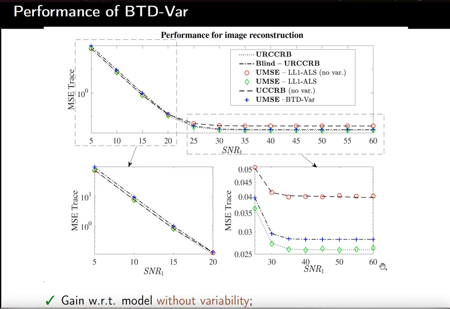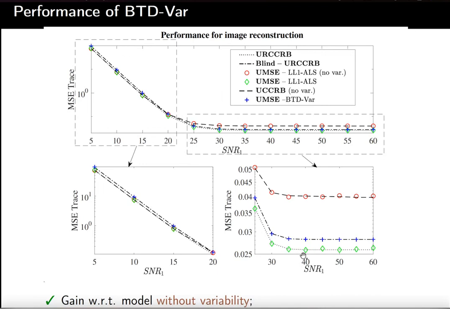To have a clear idea of what's happening in the asymptotic regime, we can look at the lowest right plot. The best performance of the model is obtained by the red dotted line here and corresponds to the RCCRB.